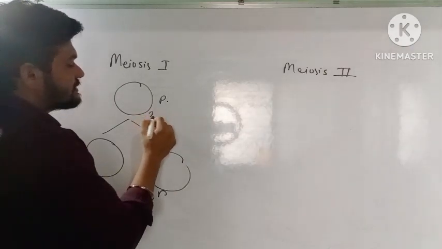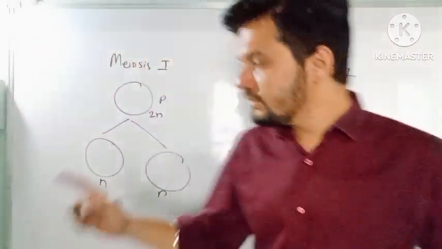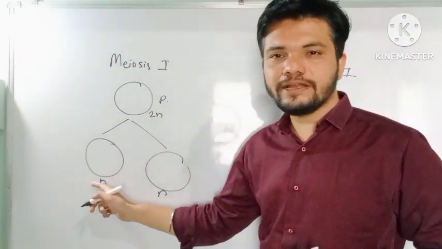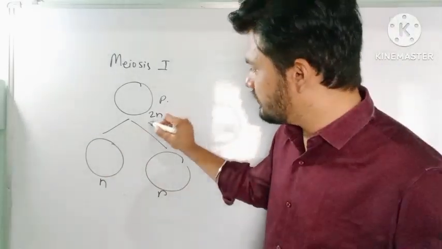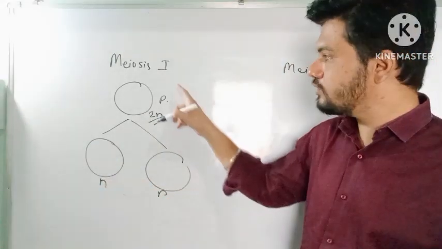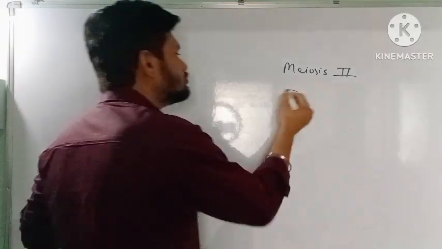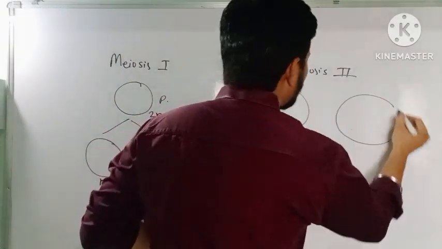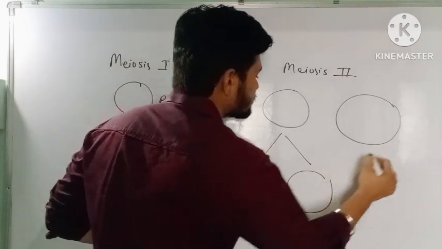If the parent cell is diploid, in meiosis 1 itself, the cell is going to reduce its chromosome number. So one diploid parent cell divides into two daughter cells in meiosis 1, and then in meiosis 2, these two cells will divide to form four daughter cells.